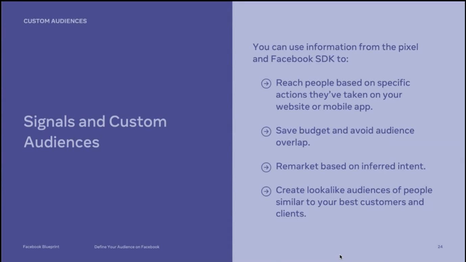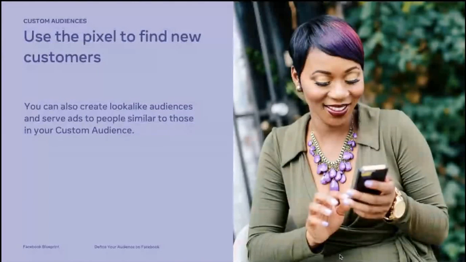So these are the different ways that you can use data signals to create your custom audience. You can also create a lookalike audience with the help of the Pixel, and serve ads to people who are similar to those in your custom audience. For example, you can create a lookalike audience of people who are similar to your most valuable customers, which can help you grow your customer base. That's custom audience for you.